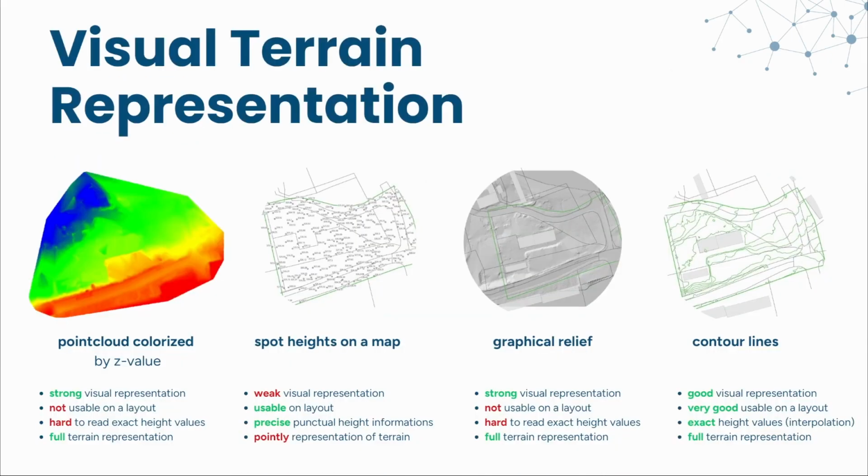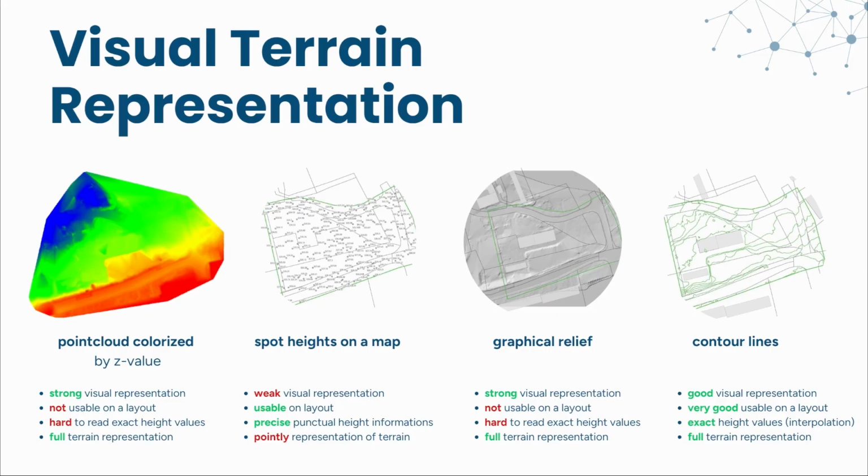To understand why contour maps are still so important, it helps to take one step back. Terrain can be represented in different ways. We can describe it through individual height points, through dense point clouds, through graphical methods, or through contour lines.